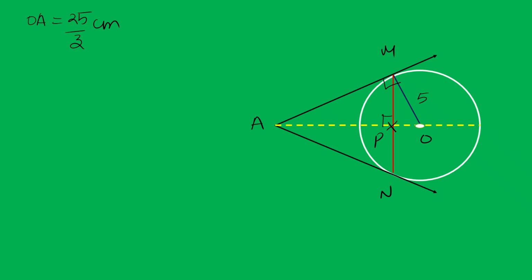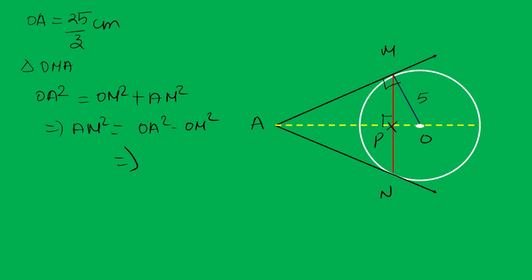Okay, so in this triangle OMA, which is a right angled triangle, when we apply Pythagoras, we know already that OA square is equal to OM square plus AM square, and AM square is equal to OA square minus OM square. And when we apply this, we get OA square, 25 by 3 the whole square, minus OM square, which is 5 square.